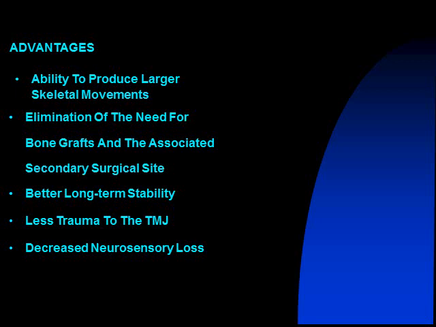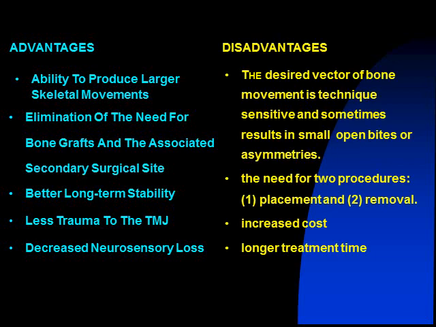Better long-term stability and a lower degree of relapse, less trauma to the joint, and decreased neurosensory loss. But the disadvantages: we need the full cooperation of the patient and his family in this procedure, and also the direction of distraction may be technique sensitive.